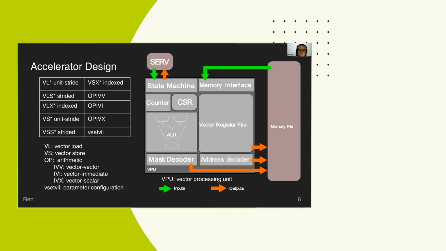We have also got 3 instructions for vector arithmetic, and also 1 for the parameters configuration instructions. They're all listed on the left of the slide, and at the right of the slide is a very brief overview of the design diagram of our vector accelerator.